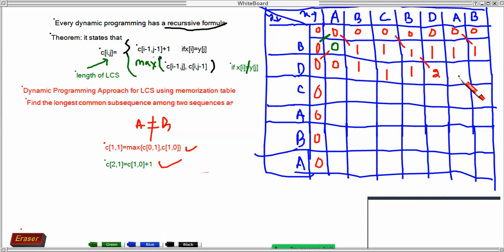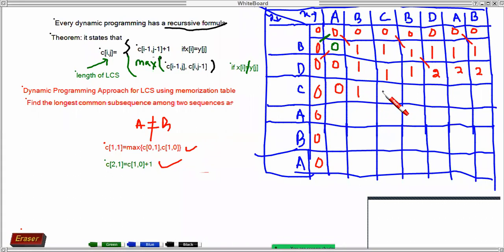Okay. Then A and D, it is not matching, so the maximum of this part, 1 and 2, is 2. Then B, similarly this is 2. Then C, the value is 0, it will also be 0. Then 1. I'm just filling. Are you understanding now?